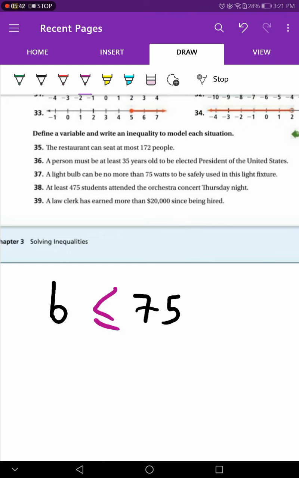Okay, now 38. Hurry up, Ryan. At least 475 students attended the orchestra concert Thursday night. Now, how do we solve it?